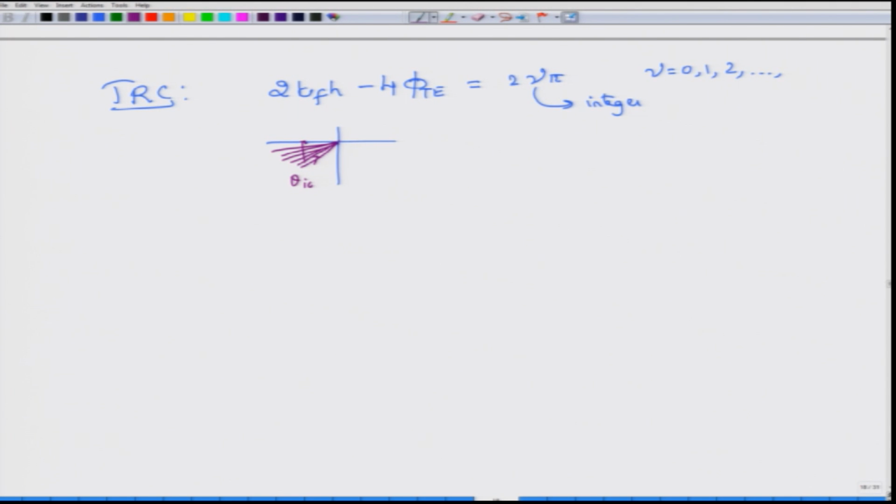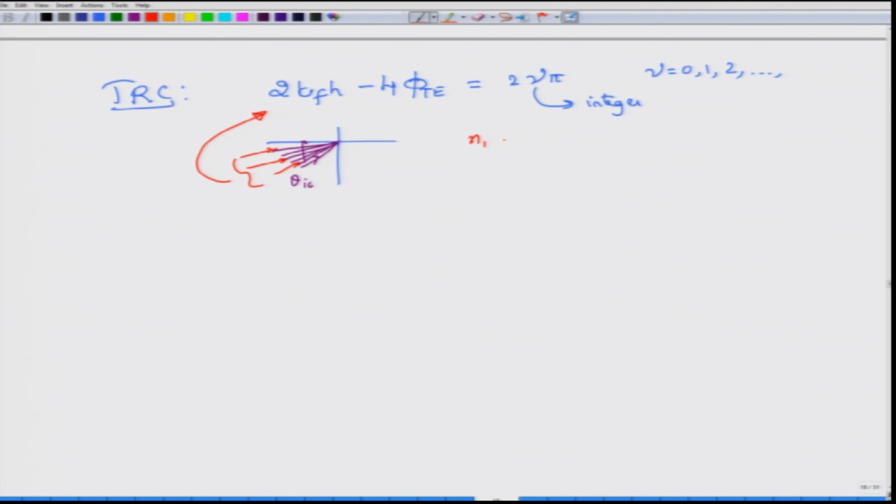Although each of them will experience total internal reflection, because they do not satisfy the transverse resonance condition, many of those angles will experience destructive interference and eventually die out. Only those specific values of theta, maybe this angle, this angle, this angle, which satisfy the transverse resonance condition will survive, and this condition relates all these parameters.